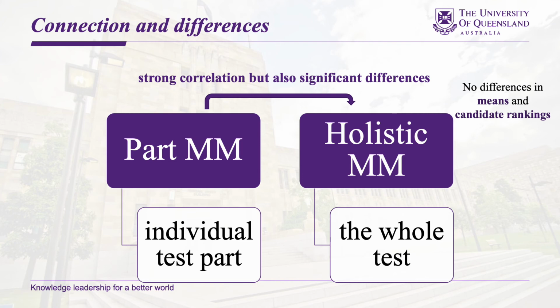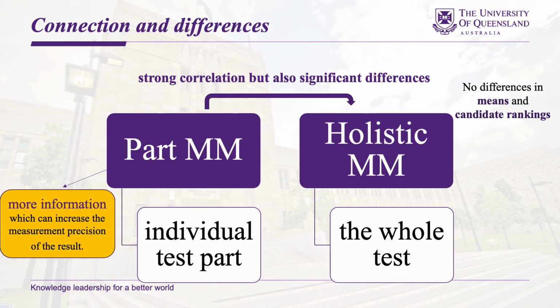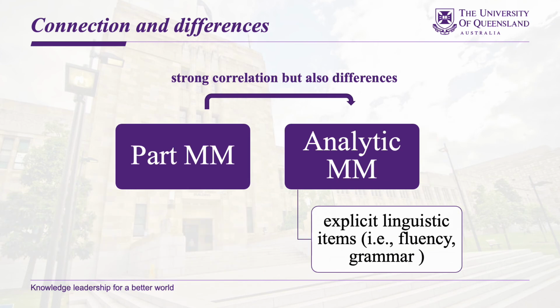The part marking model focuses on individual test parts, while the holistic marking model is for the whole test. So that is why the part marking model has more information about candidates' performances, which can increase the measurement precision of the final result.